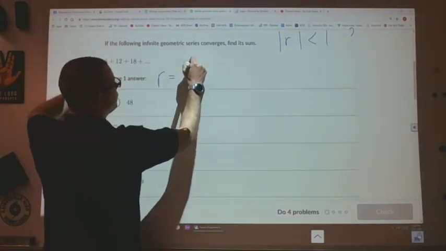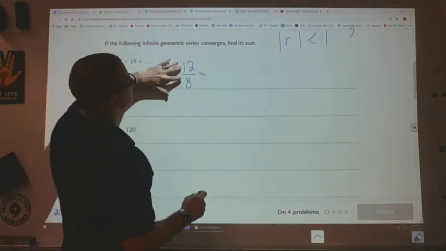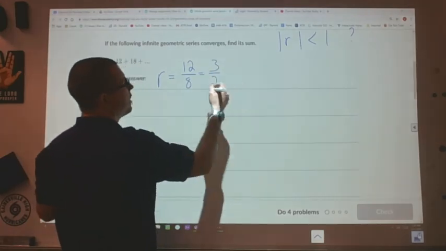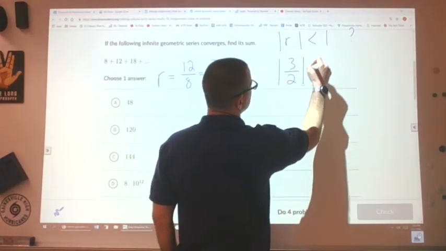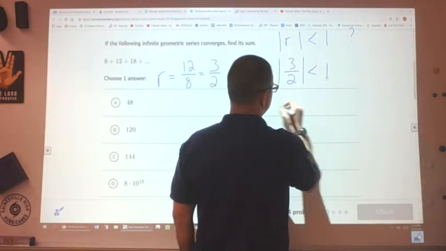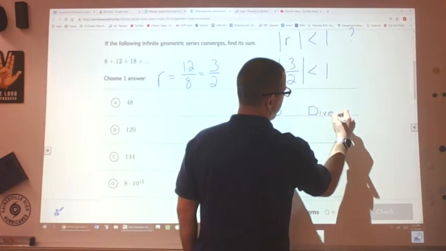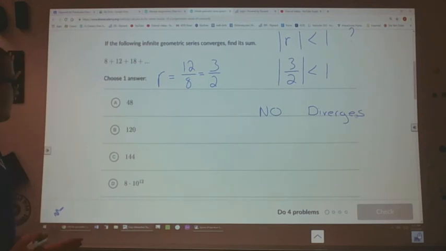In this case, 12 over 8 is equal to 3 over 2. So that's r. Is the absolute value of 3 halves less than 1? The answer is no. It diverges. So it doesn't have a sum. It diverges.